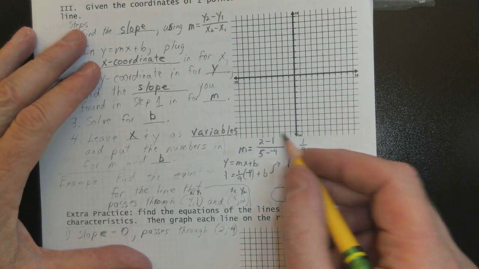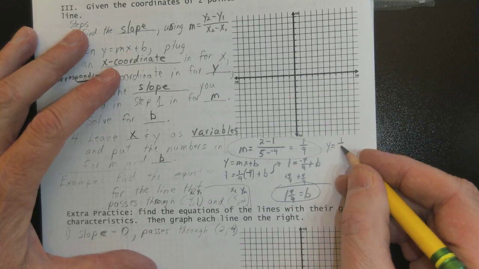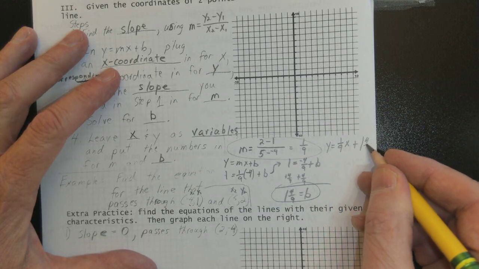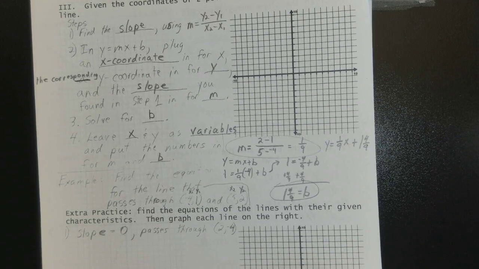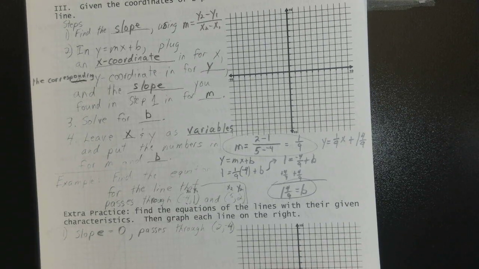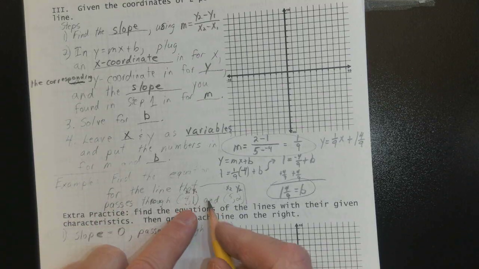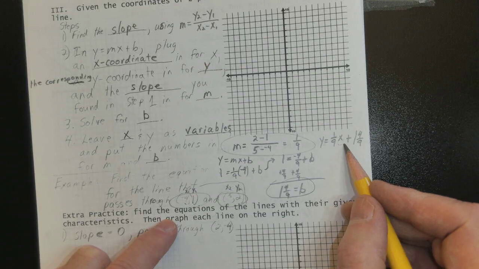I know what m is. I'm going to write y equals 1/9 x plus 1 and 4/9. And I'm just going to plot the 2 points we were given, draw a line for them, and see if this is reasonable. Okay?